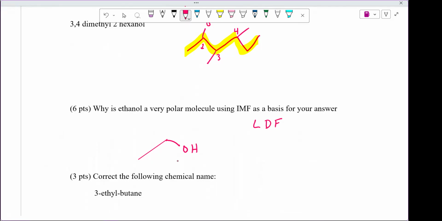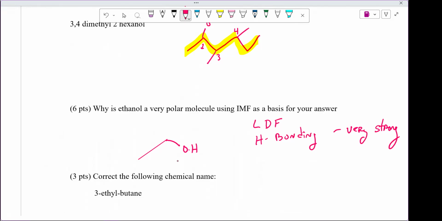Now we've got an OH, that's hydrogen bonding. Hydrogen bonding is extremely strong. It's only second to an ionic bond. So alcohols are very, very, very polar.